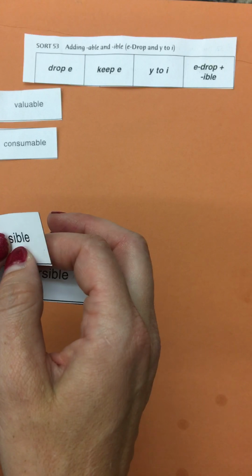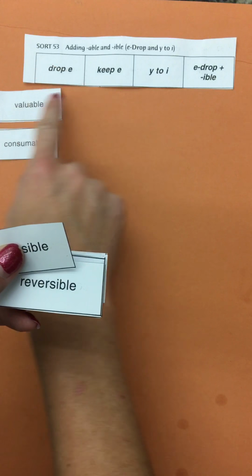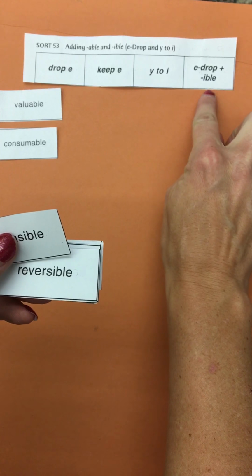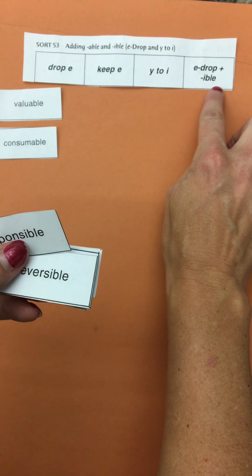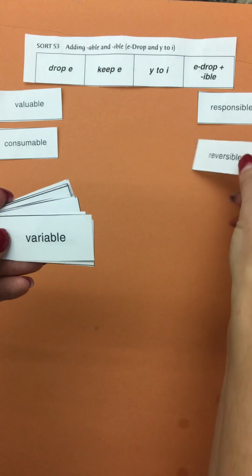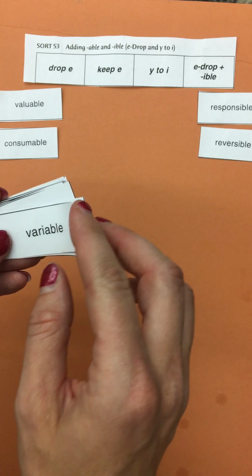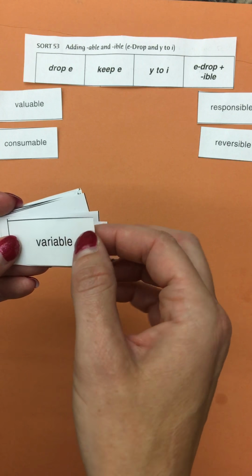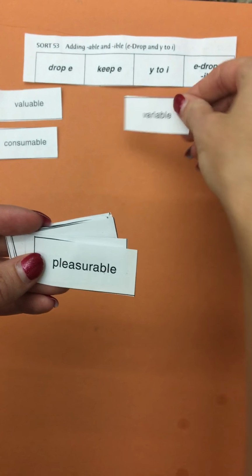Now this one has ible on it. All the ones over here are going to be able, and this one had an e drop and then added ible. Reversible. Variable. So what we had here was we had a y in the very that changed to an I. So we do it in Y to I.